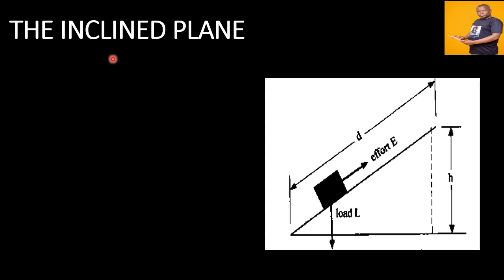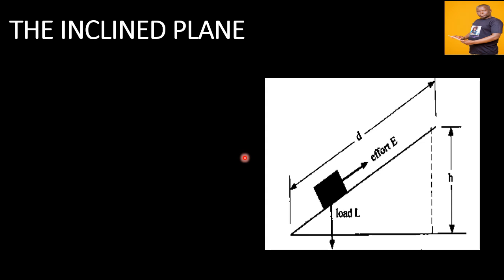What is an inclined plane? When we say this machine is an inclined plane, what is it? Do you have an idea what an inclined plane is? Can you try to define it? How did you define an inclined plane in Form 2?